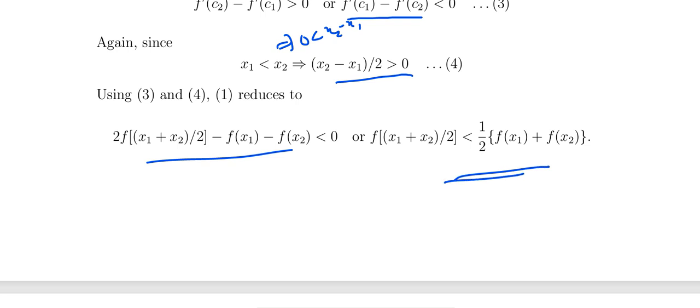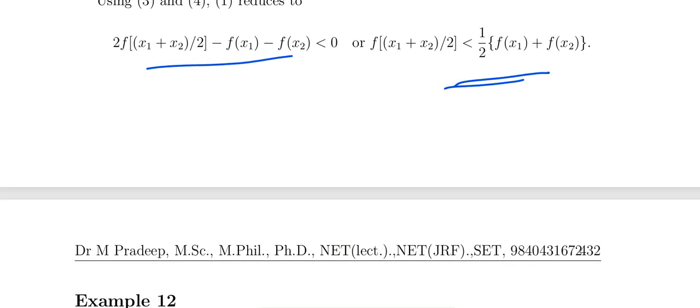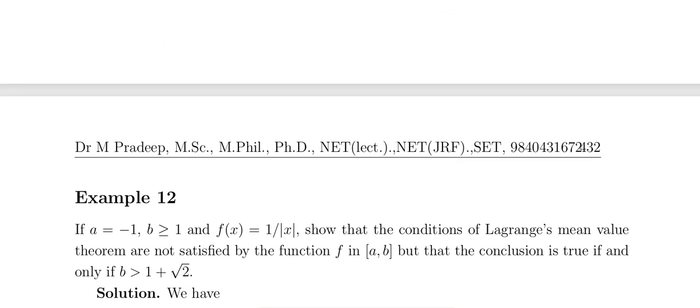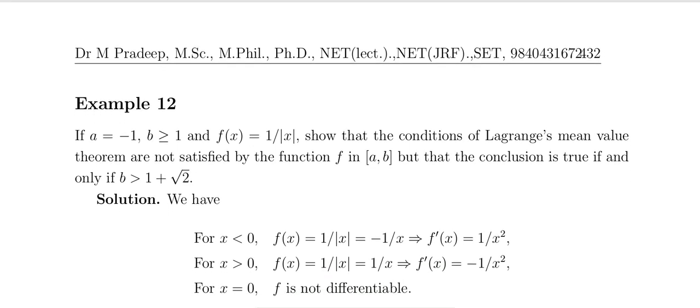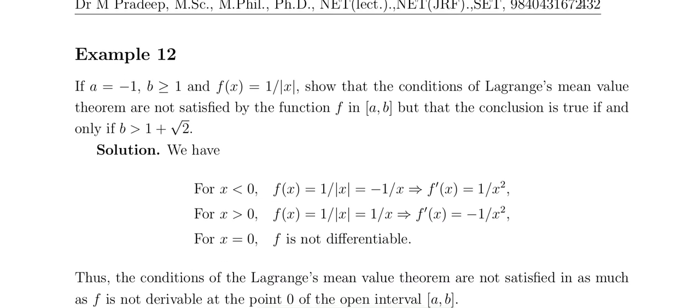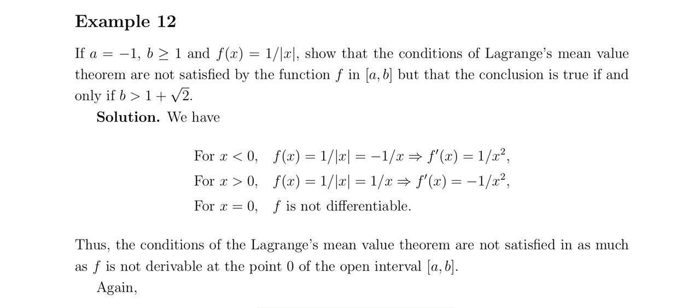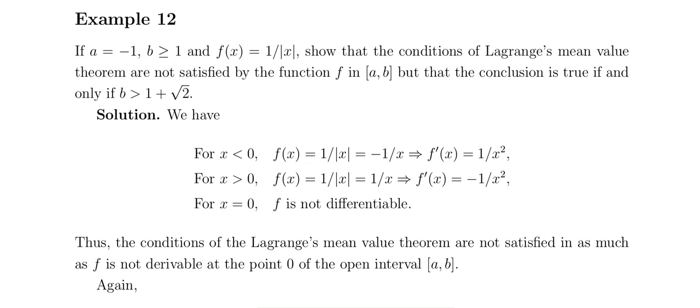That is the output. Okay, so it is a very lengthy problem, but if you can remember it as a result, you can remember it. When they ask something very complicated, they can ask like this. So a equal to minus 1, b greater than or equal to 1, f of x equal to 1 by mod x.